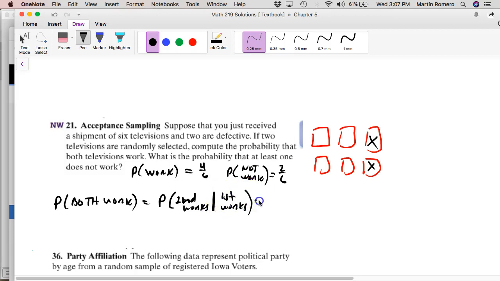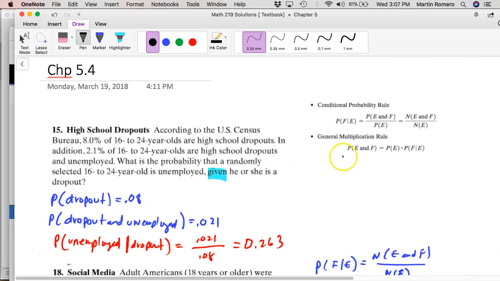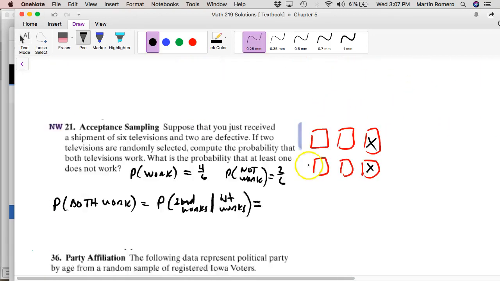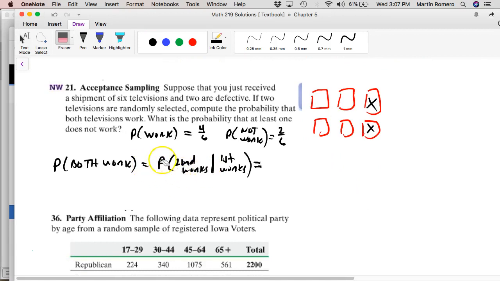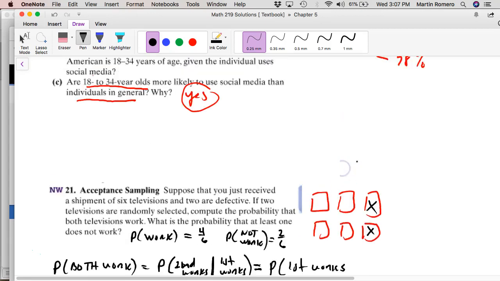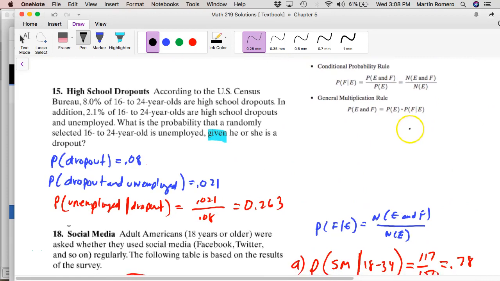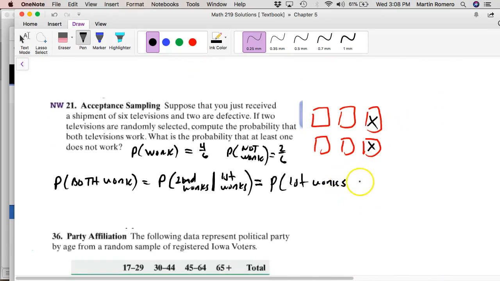It's really a sequence of events. We can think about that two ways. Both work is equivalent to saying the probability that the first works and the second works.